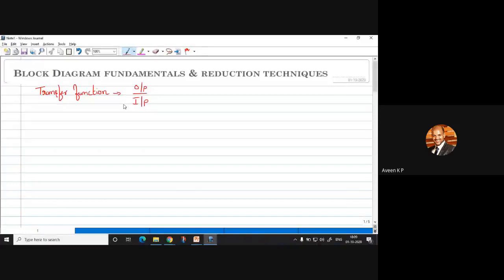See, basically a block diagram is a pictorial representation of a given system.